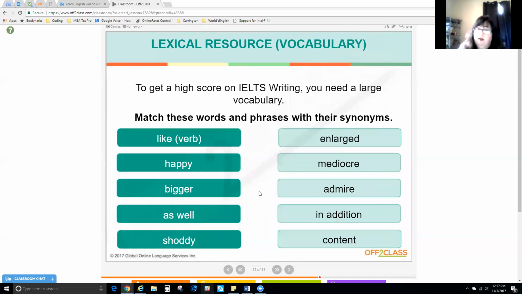All right, to get a high score on IELTS writing, you need a large vocabulary, and you don't want to spend your time studying vocabulary while you're studying for the IELTS. There are certain terms that you will learn in your studies. For example, if you're preparing for the academic version, you might be learning the terminology for analyzing a graph.